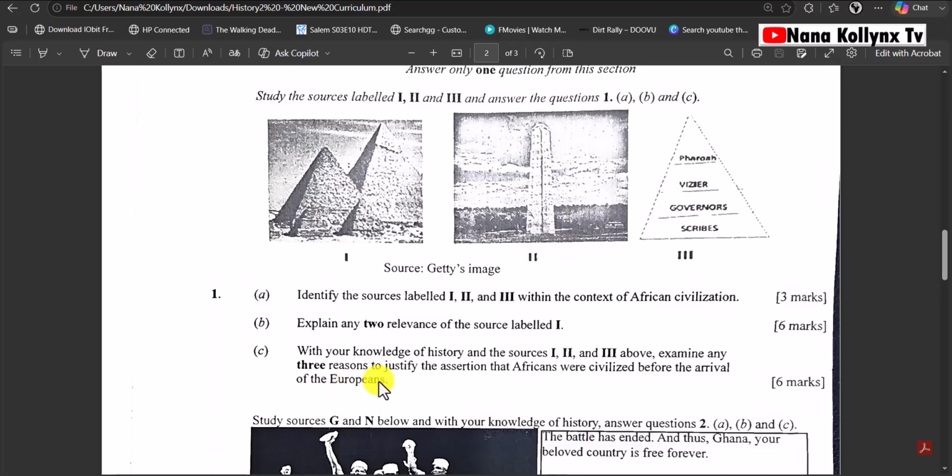Okay, so looking at these sources and your knowledge about African civilization, I know your teacher has already told you that Africans were civilized before the coming of the Europeans. So use these sources to justify that assertion or to agree to that assertion. Okay, it's very interesting. Good.